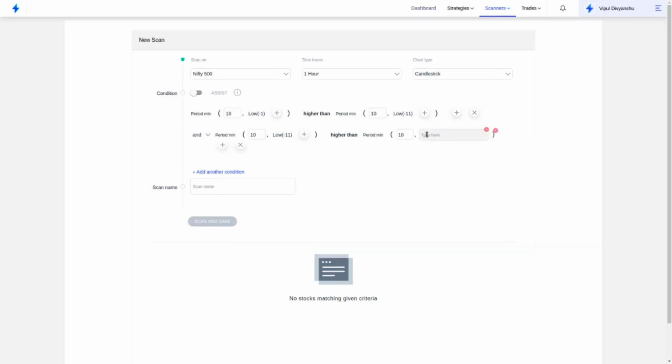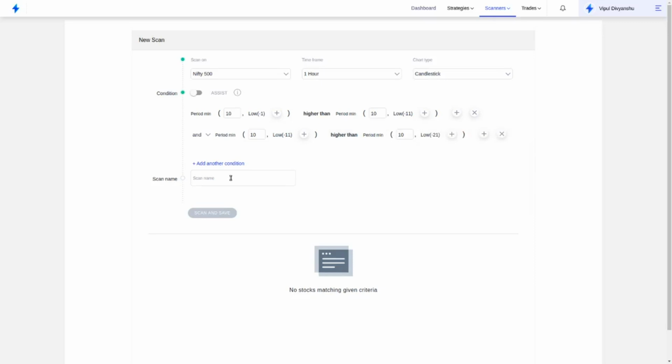So it's very straightforward. It's very simple. Once you see it in chart, once you have in your mind how many candles you are calculating, it becomes very easy.